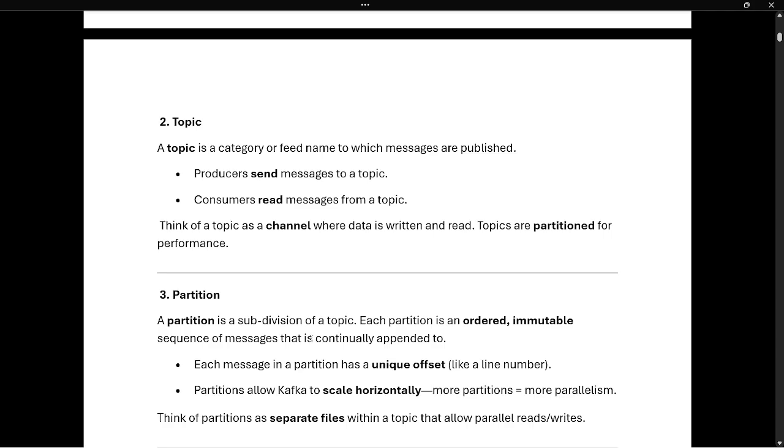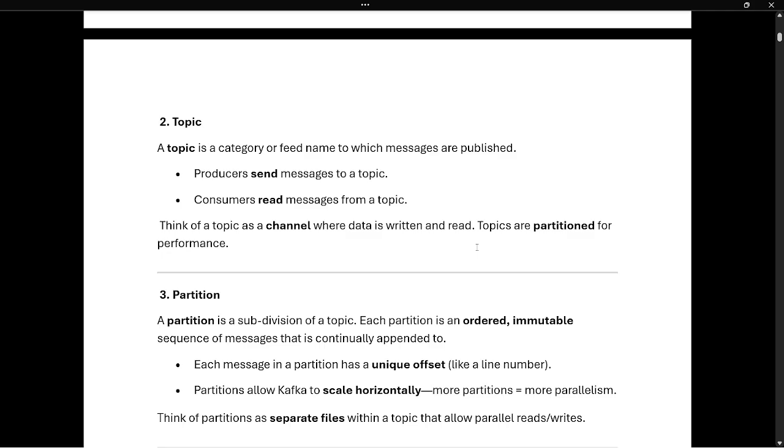Each message in a partition has a unique offset, like a number. So there is data, there is a topic, and each topic has different partitions. Like the topic is T, and it has partitions P1, P2, P3. P1 starts from 0 to 100, then P2 again starts from different numbers. Each number 0, 1, 2, 3 is an offset number. Why is the offset required?